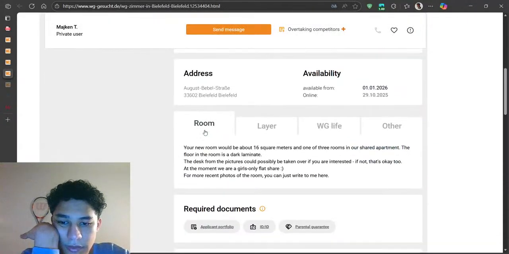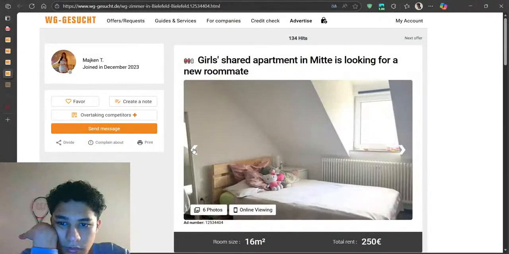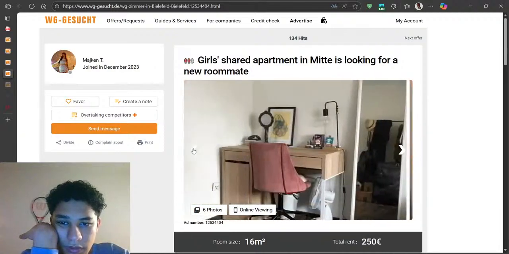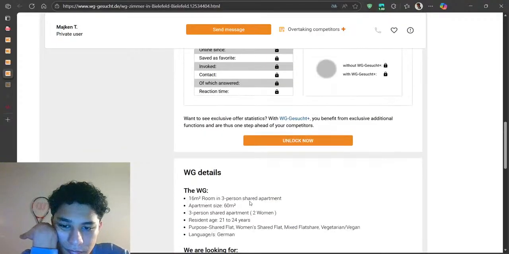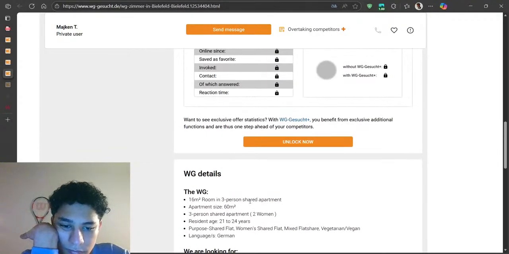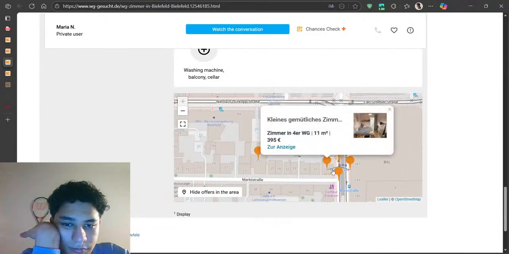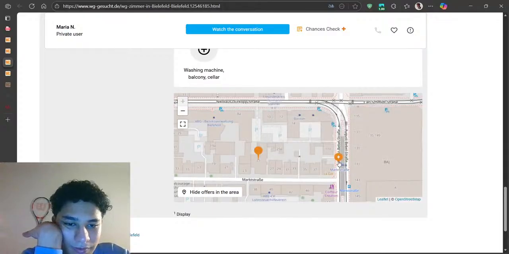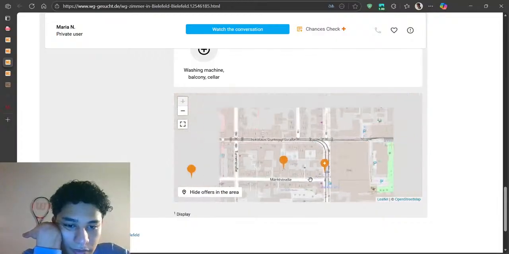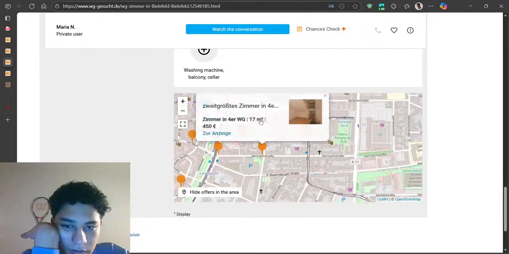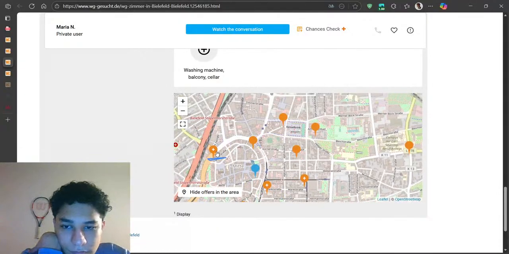Please don't tell me. Why? It is only girls. Okay, vegetarian, vegan, oh shit. Okay, I'm gonna pretend. It says vegetarian. I can't tell them that I'm gay, but I can tell them that I am vegetarian, because I'm gonna eat meat for sure.